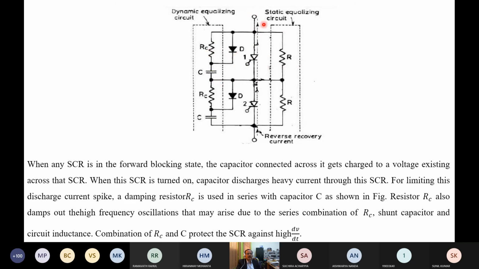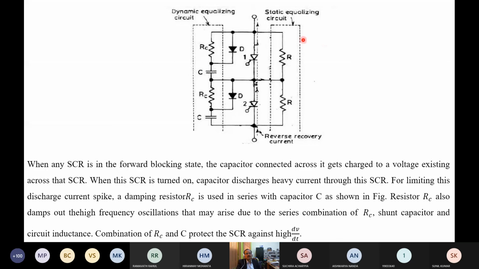So when it is in the off state, voltage is applied, so the capacitor is charged like this. And when this is triggered, the capacitor will discharge through the resistance, limiting the discharge current.